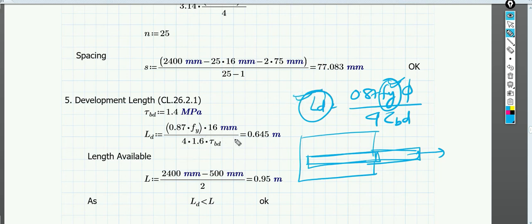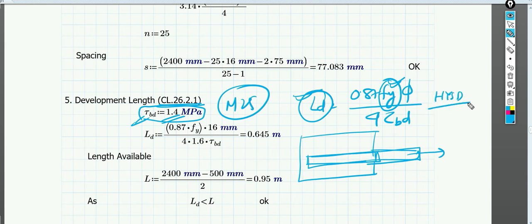So if we put the values, before that, if we look into clause 26.2.1, you can find the tau bd value for M25 grade. Tau bd value is basically 1.4. And also in the clause there was a mention that if you are using HYSD bar, you can increase the tau bd value by 1.6 times, that is a 60% enhancement of the tau bd value can be made if you are using high yield strength deformed bars.